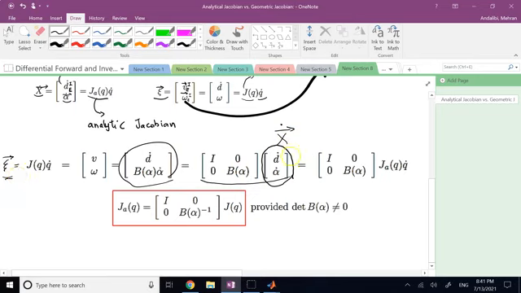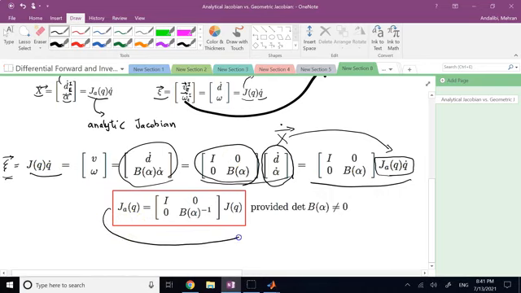And you see the relation is done via this matrix, where a portion of it is B of alpha. And since this x dot was itself the analytic Jacobian times q dot, now these guys are equal. And if you get rid of the q dot, you see the relation between the analytic Jacobian and what?